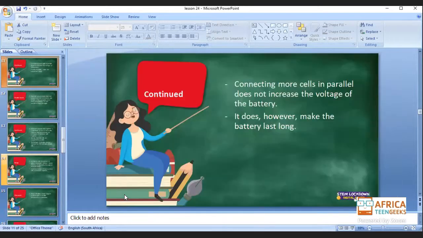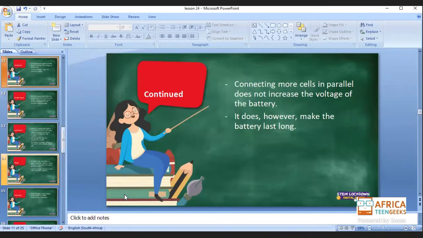Connecting more cells in parallel does not increase the voltage of the battery. So if you're connecting cells in parallel, the voltage will remain the same. It does, however, make the battery last long. Remember, I explained to you that there won't be any energy flowing through if the batteries are connected in parallel.